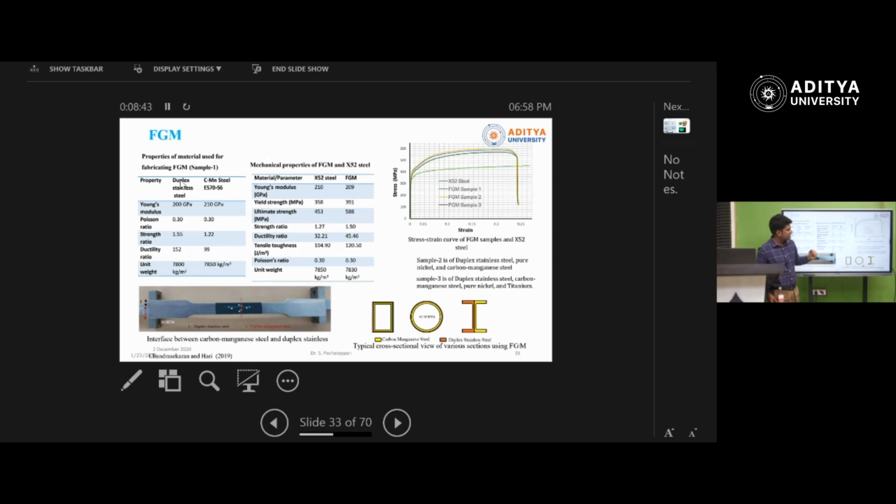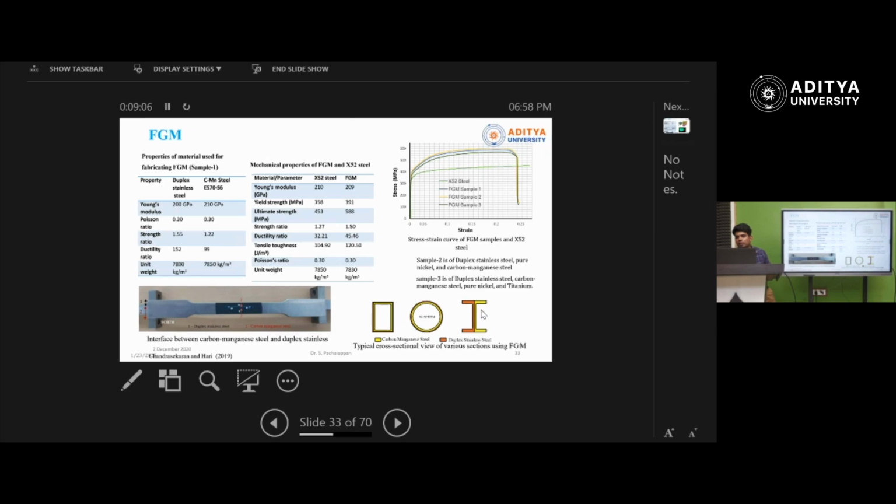So I have cast three samples. The first sample is tabulated here, which comprises duplex stainless steel and then carbon manganese steel. The second sample, which I have fabricated, comprises duplex stainless steel, pure nickel, and then carbon manganese steel.